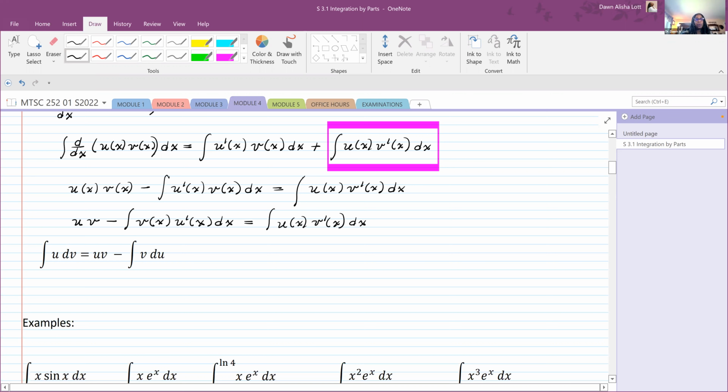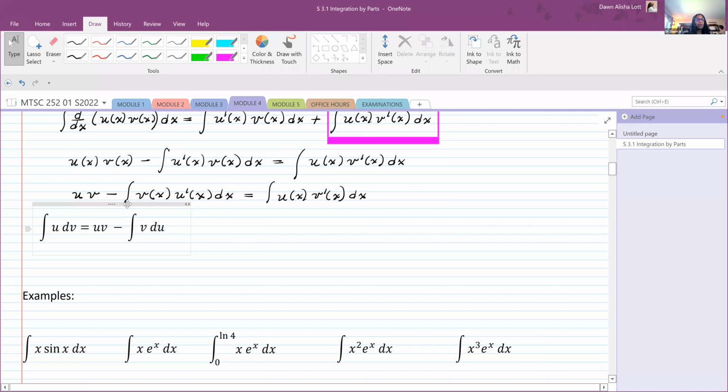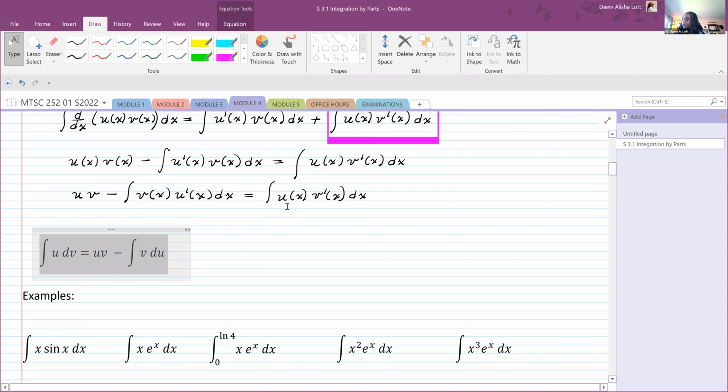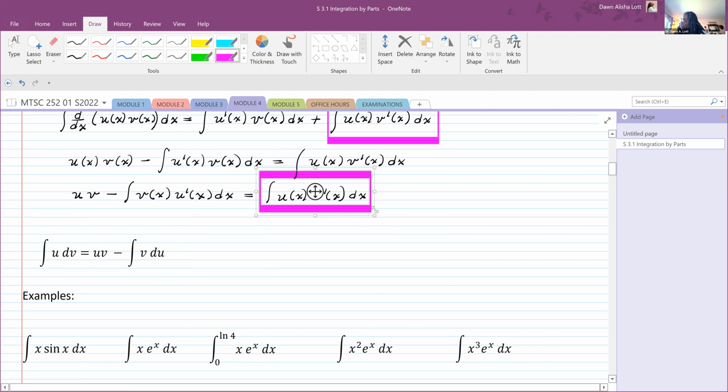And so here is what I end up with as my formula. This purple thing is the integral of U of X times V of X dx, which I can write as the integral of U dV, where dV is just V prime of X dx, and du is just U prime of X dx.